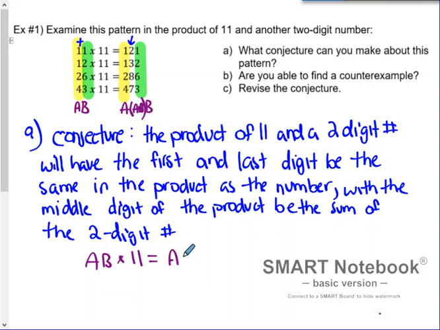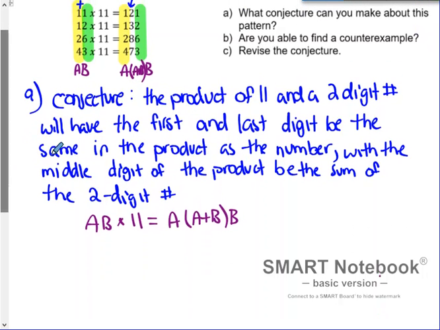I will get A, then A plus B, and then B. So on the outside, add them up to get the number on the inside. Okay, so there we go. Either way of writing our conjecture, either in words or algebraically, is fine.